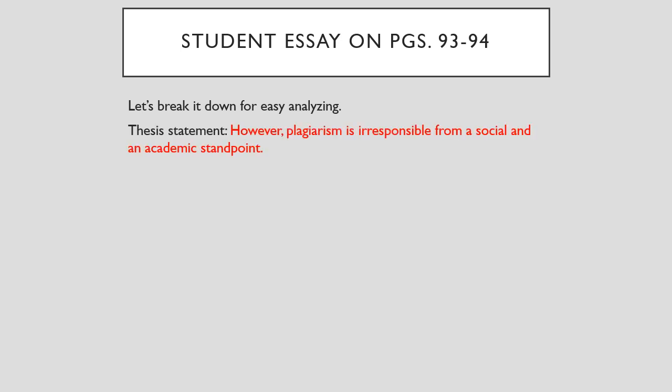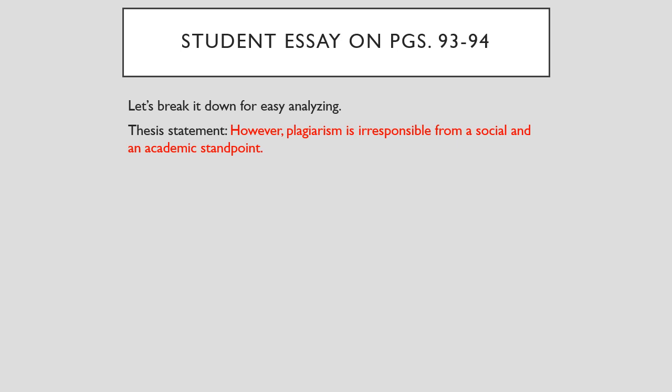Now, find the thesis. Great. However, plagiarism is irresponsible from a social and academic standpoint. So this thesis is like a continuation of what the writer has already said in the background/transition, okay? So the writer talks about plagiarism in the topic sentence of the introduction and says, to achieve a good grade, students are sometimes tempted to cheat.